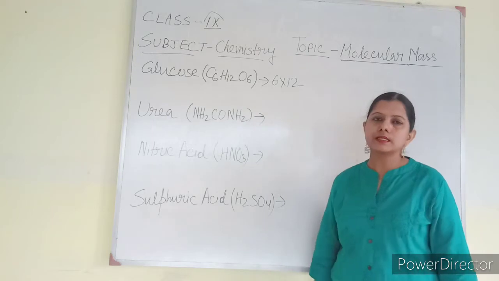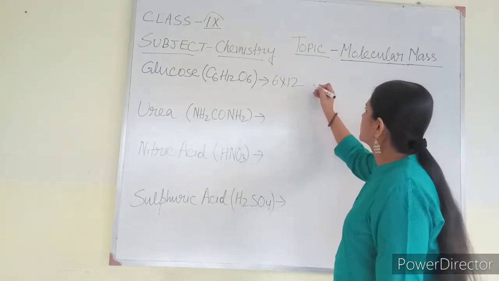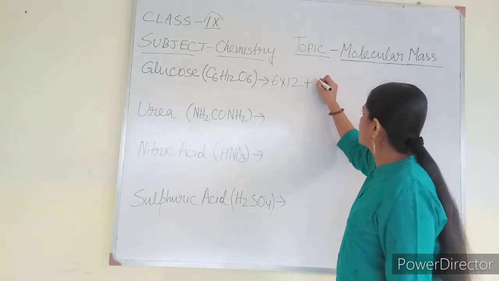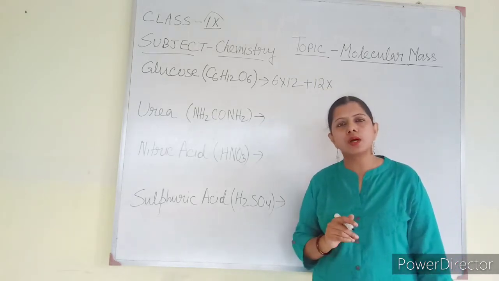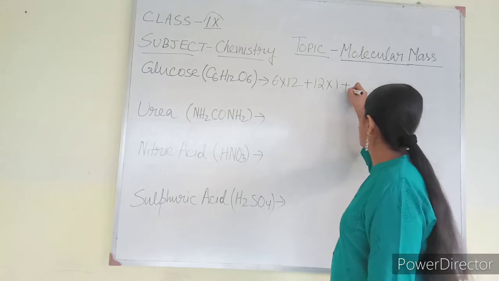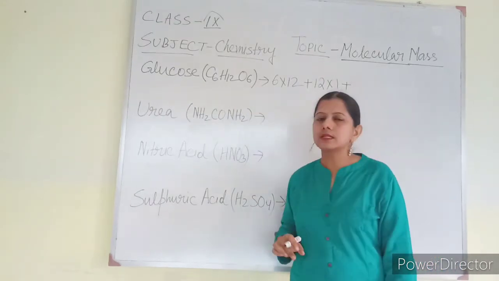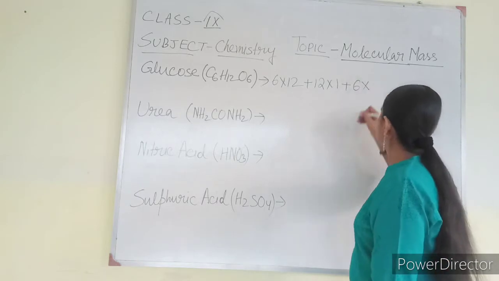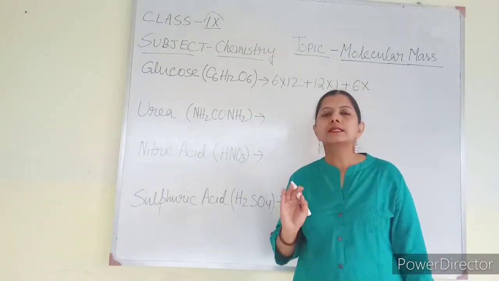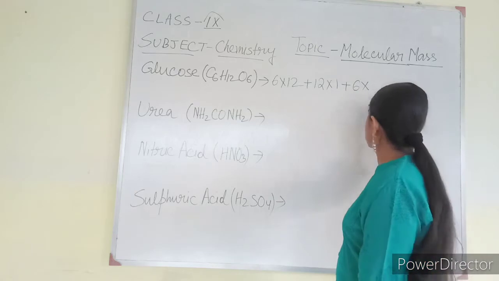Total 6 carbon are there, so 6 into 12. Plus how many hydrogen are there? 12 hydrogen. And the mass of one hydrogen is what? 1. So 12 into 1. Plus how many oxygen are there? 6 oxygen are there. And what is the mass of each oxygen? 16 is the mass of each oxygen.